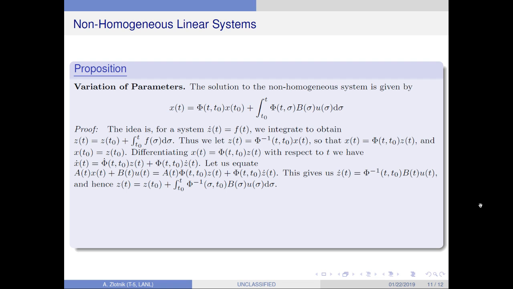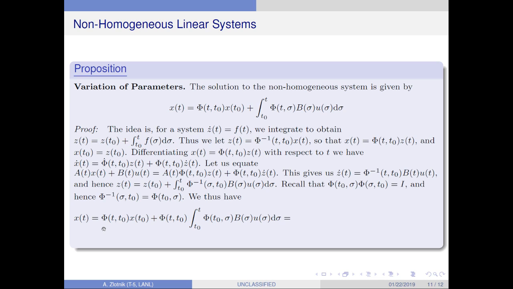Hence, substituting for f of t, we see that f of t is given by the expression inside the integral. Recalling that the fundamental matrix multiplied by its inverse is the identity, we have that x of t is equal to phi times the initial state plus phi times the expression inside the integral.